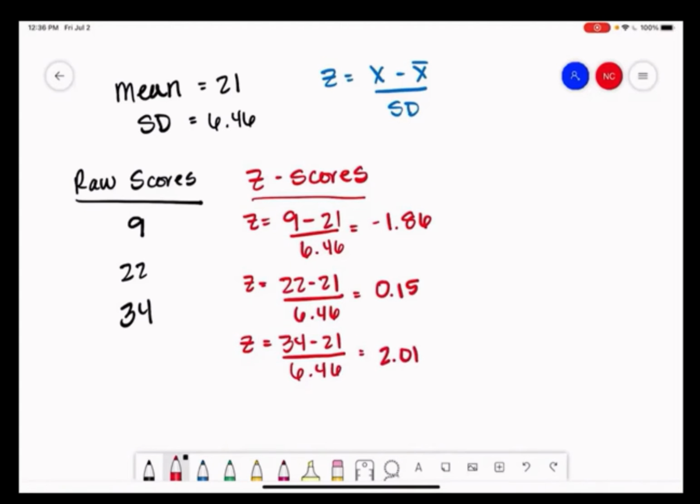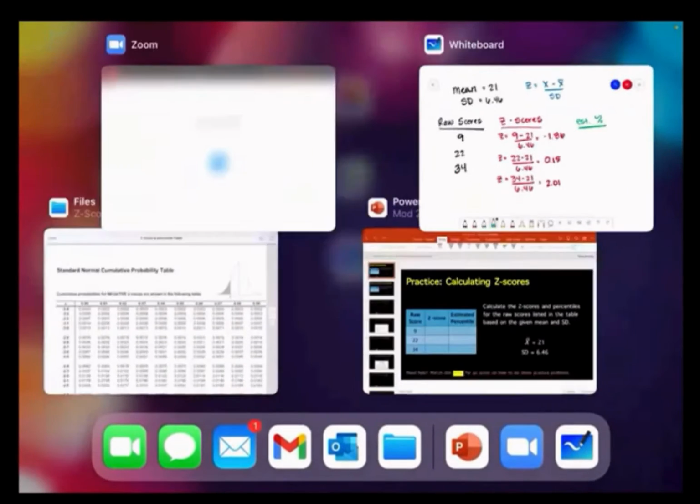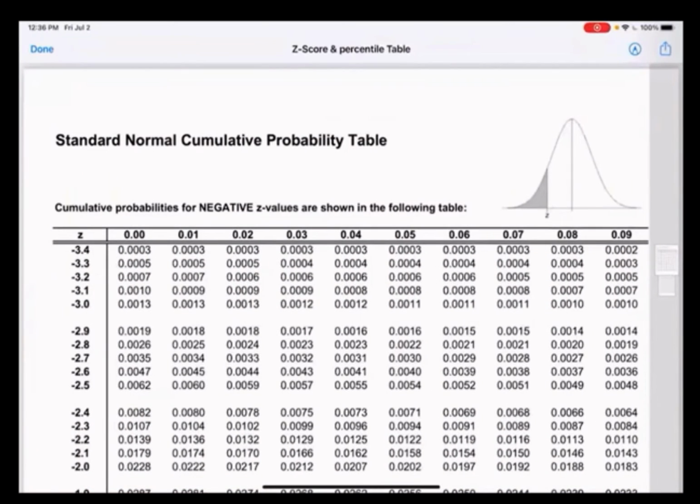Okay, so then we can look up these values in our z-table to get our estimated percentiles. Okay, so our first z-score for a raw score of 9 was negative 1.86, which means we're going to go to our negative z-table.